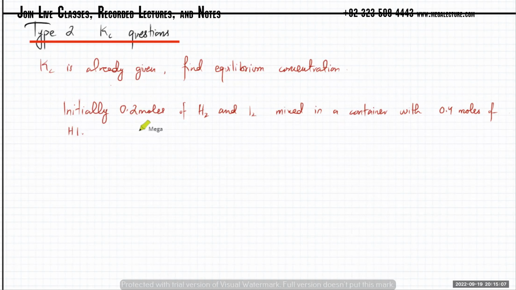And the Kc value is coming out to be 3.1. So the Kc is already given.